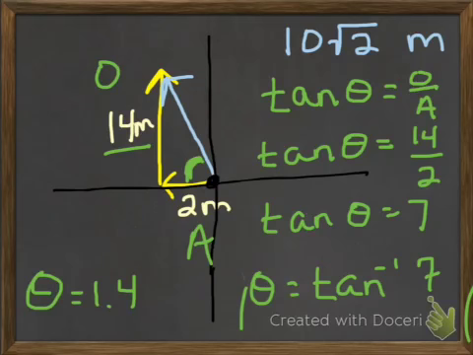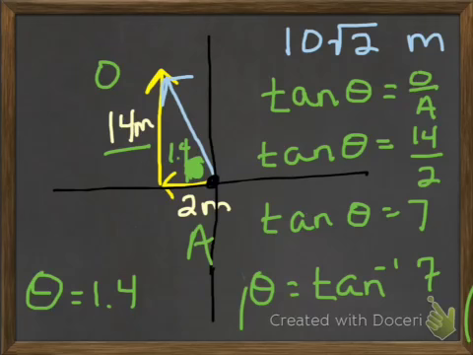So you'll see that our theta is equal to 1.4. Let's figure out now what direction that 1.4 means. Okay, classic mistake.